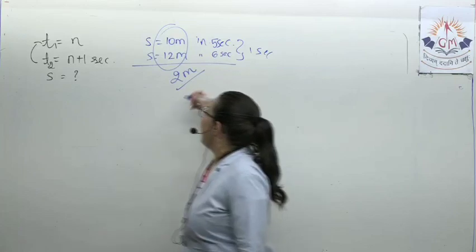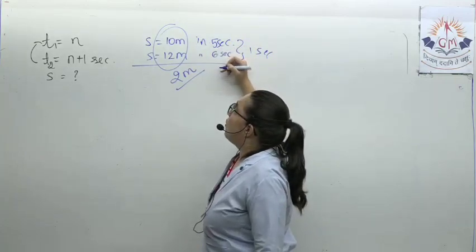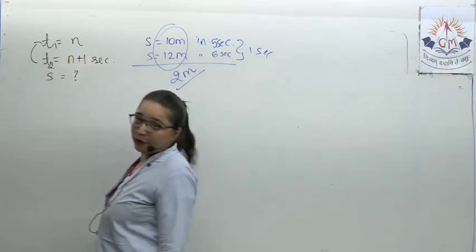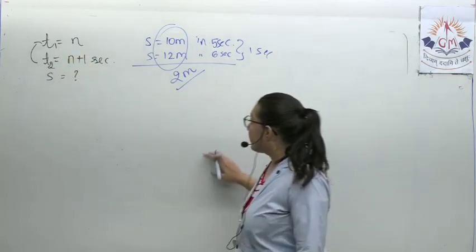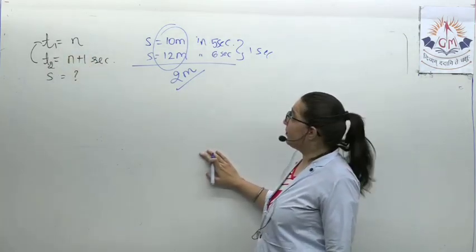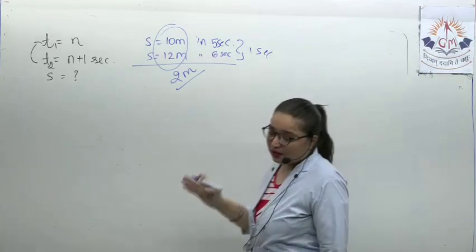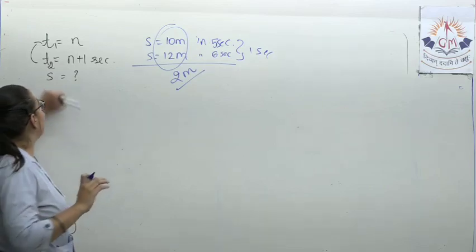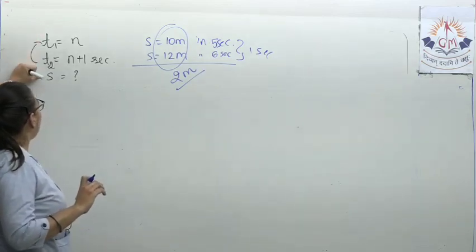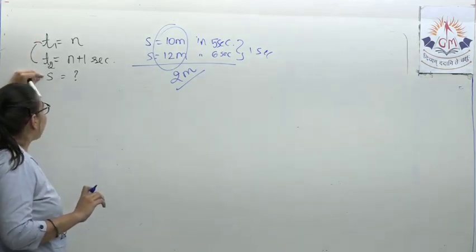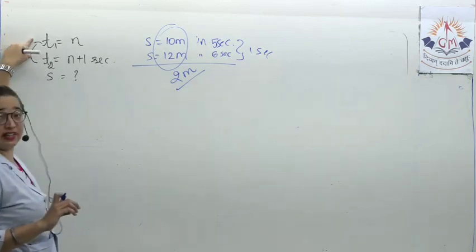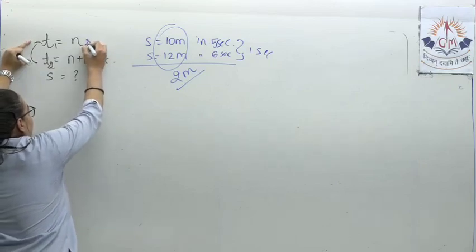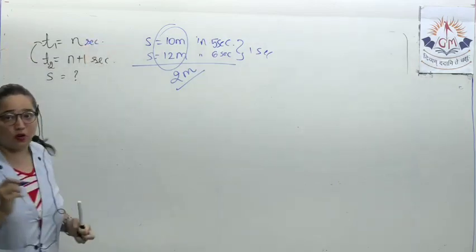So here, instead of these numbers, the question is given in terms of t1 and t2. Okay, I hope that it's clear. And the other thing they have given is that you have to find out the distance traveled in this time interval, t1 equal to n seconds and t2 equal to n plus 1 seconds. I hope the question is clear.